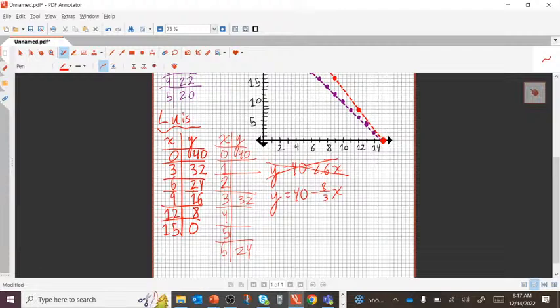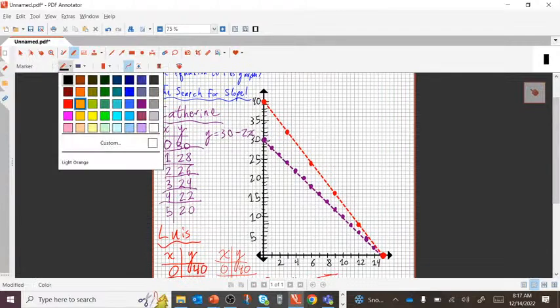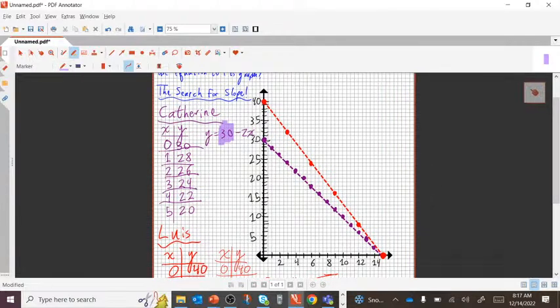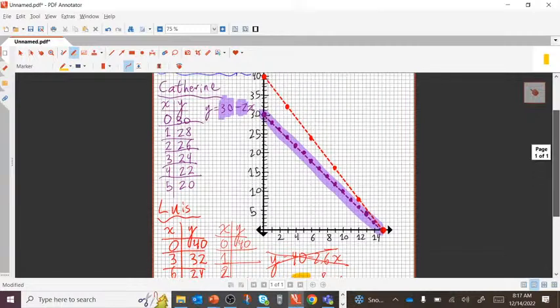Anyway, here's why I'm doing this, guys: in Catherine's equation, 30 is hidden inside of this line, and so is negative 2. In Luis's equation, 40 is hidden inside of his line.